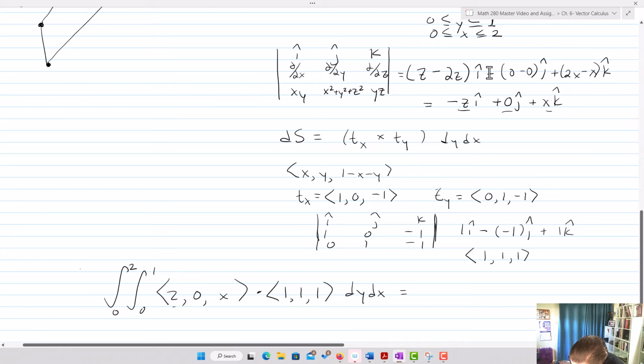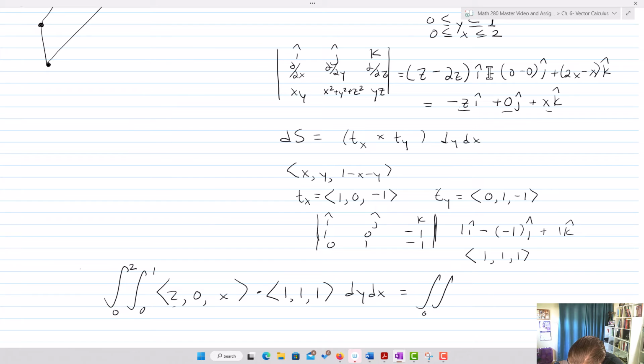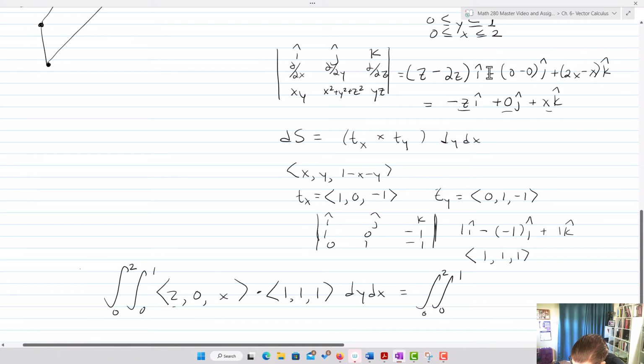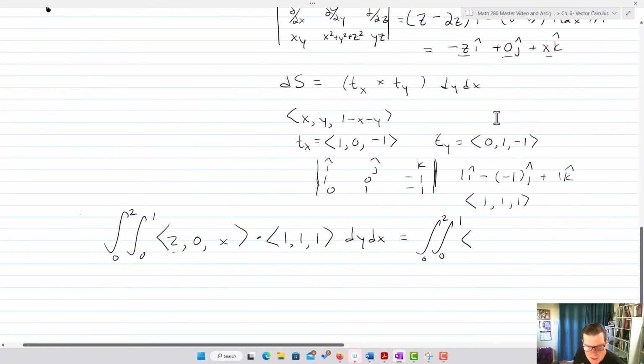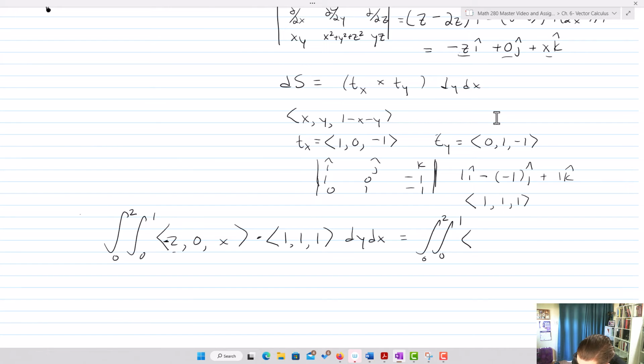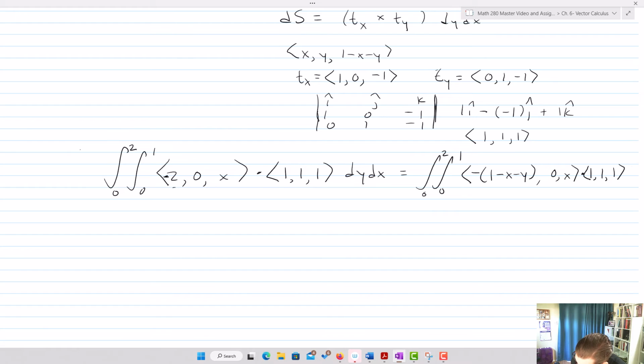Z is equal to, okay, so now double integral 0 to 2, 0 to 1. And our z is going to end up being equal to 1 minus x minus y. Oh, pardon me, this is negative z. Excuse me, negative z is going to be negative 1 minus x minus y, comma 0, and then x. And then again, dotted with 1, 1, 1, dy dx.